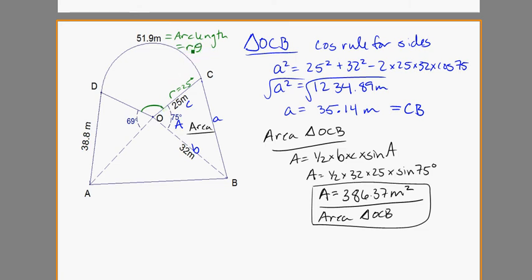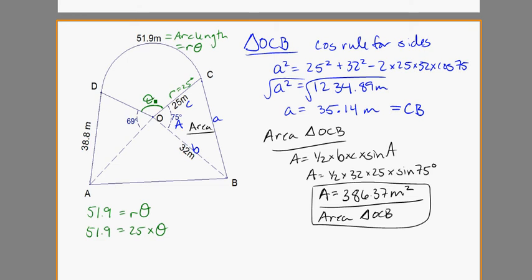You'll notice that we have 51.9 is equal to r theta. And in fact, we have 51.9 is equal to 25 meters times theta, the angle that we don't know. So we're going to call this one here theta. That's the angle for that sector.